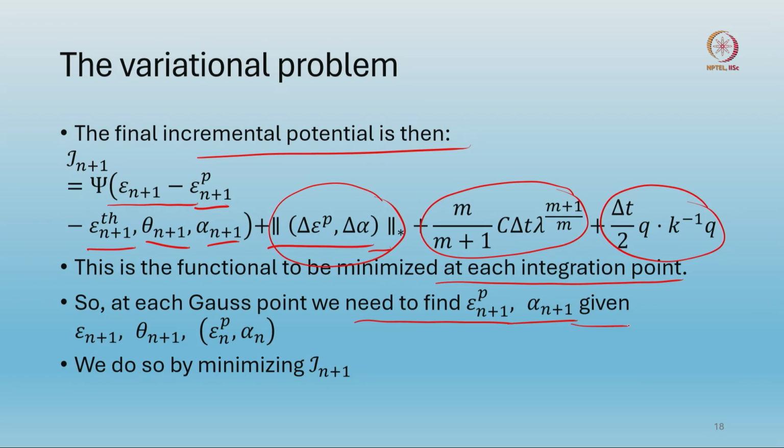These are the internal variables to be found, given your total strain epsilon n plus 1, the temperature at n plus 1, which should be known, and the last available values of these internal variables at Tn. So we do so by minimizing this J n plus 1.